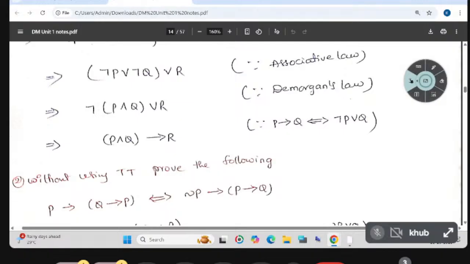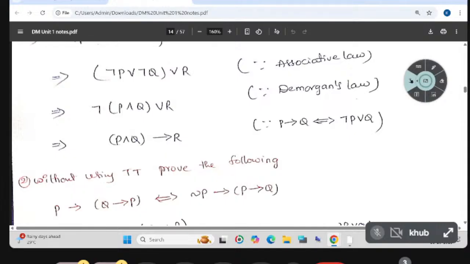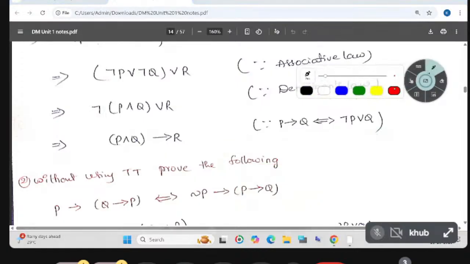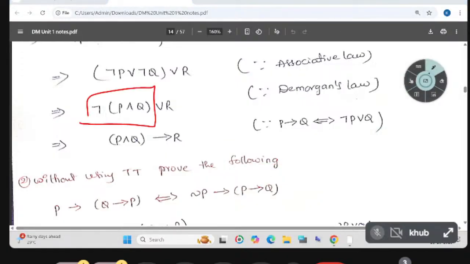Again, P implies Q. What is the value? P implies Q name రాసుకోవచ్చు. Negation P or Q. What is the negation value? Here it is. Negation P value is P and Q, implies R. What implies R?